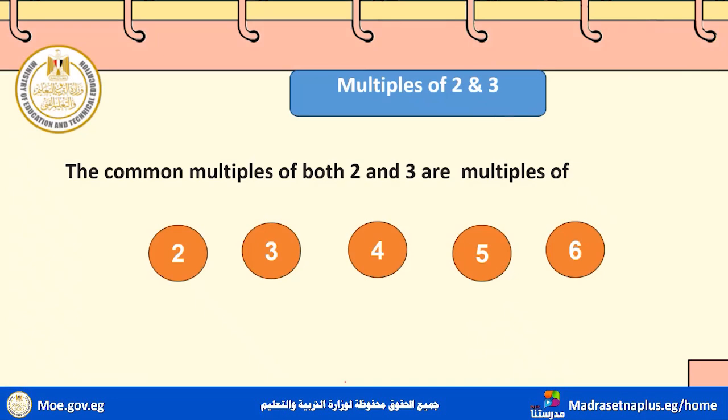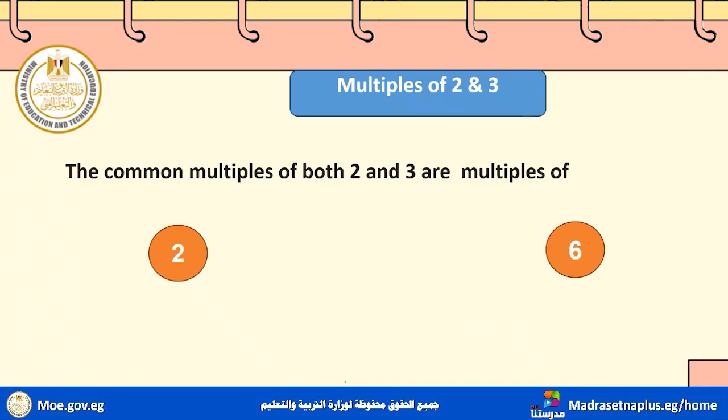The common multiples of both 2 and 3 are multiples of what? If a number is a multiple of 2 and a multiple of 3 at the same time, this number is a multiple of what? Of 2, 3, 4, 5, or 6? We cancel 4, we cancel 3, we cancel 5, leaving 2 and 6.